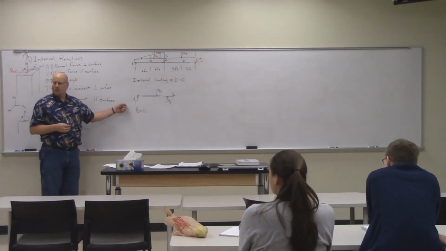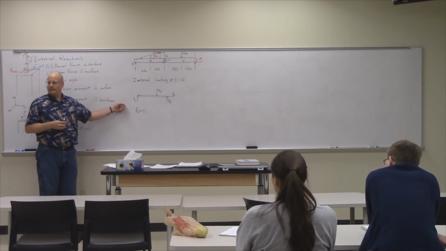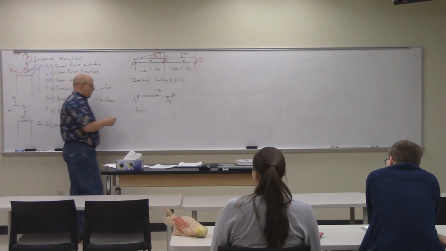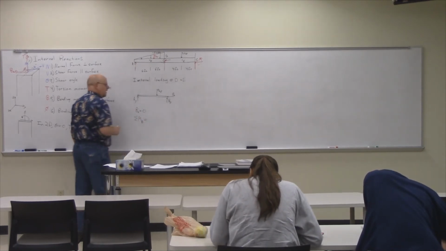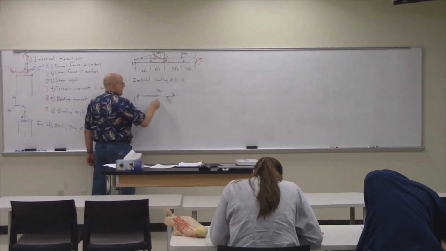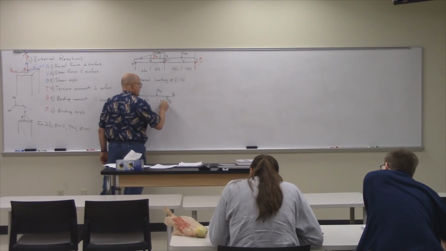Okay, what else can I do next? Somebody said something about sum of moments. Moments about what point? A or B, whichever one you want. So take the sum of the moments about B, let's say. This is 8 feet, this is 4 feet.